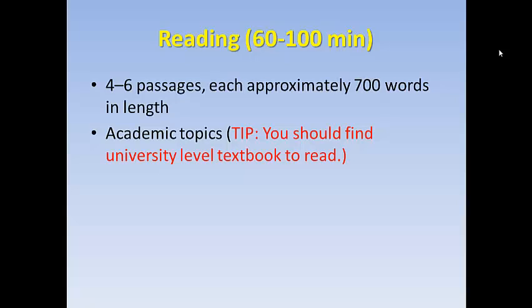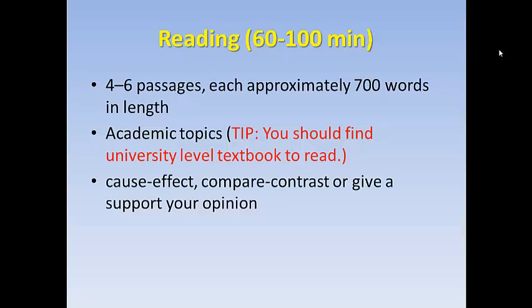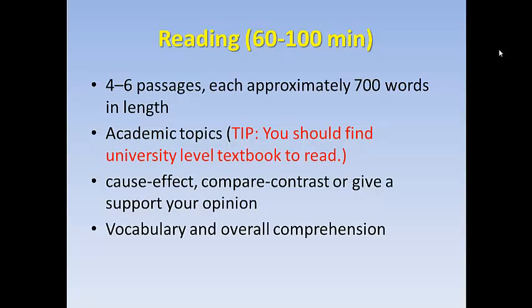That's really going to be the kind of material you're presented, and that's the best thing you can find. It's going to be a lot of cause and effect and compare and contrast, and you'll have to be able to support that. So when you read these sections and they ask questions, they're going to want to know in the readings, what are these relationships of cause and effect, or how do you compare and contrast ideas that are presented in the reading material.